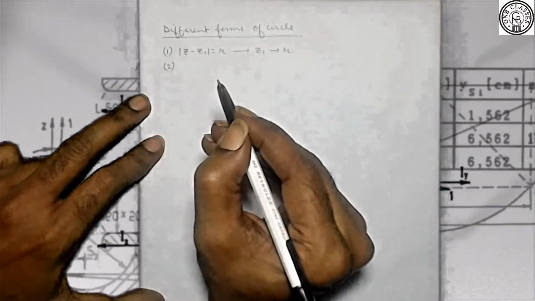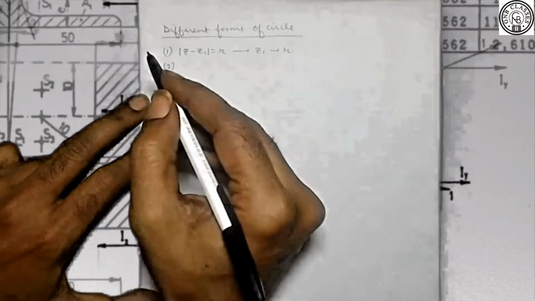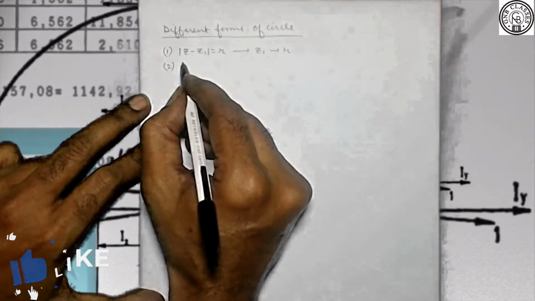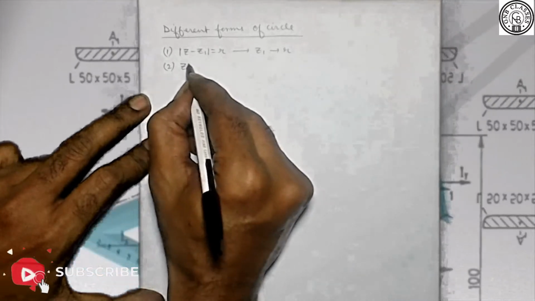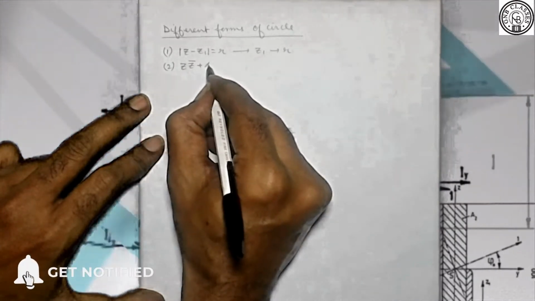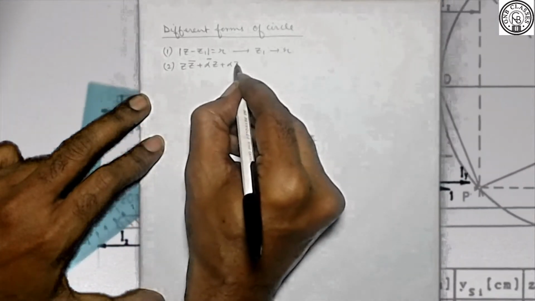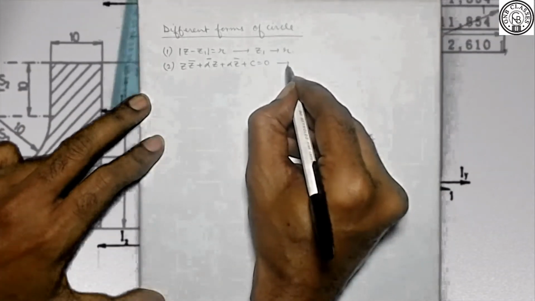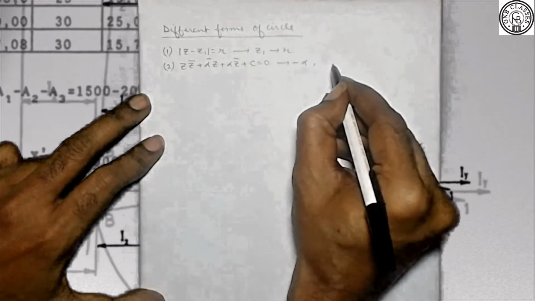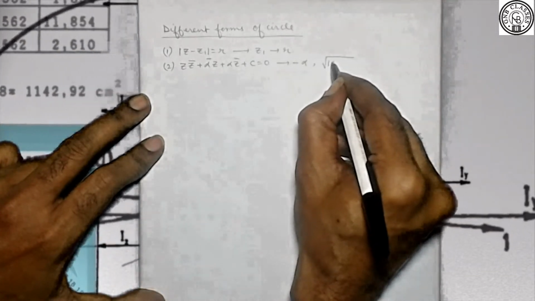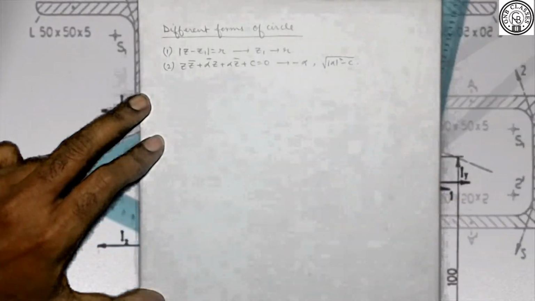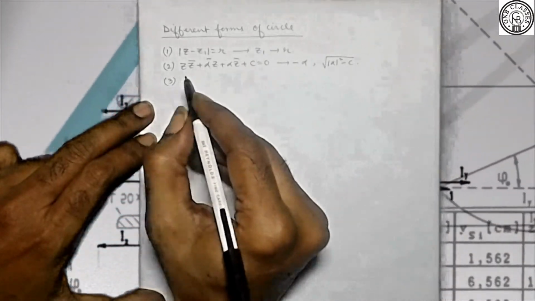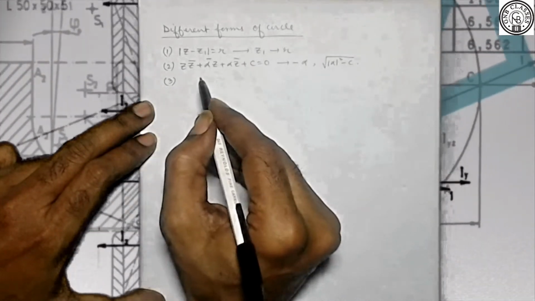The second equation of a circle that we have learned in this lecture is the general equation of a circle on a complex plane, which is z z bar plus alpha bar z plus alpha z bar plus c equals 0, whose center is at minus alpha and radius under root alpha square minus c. We have learned this.